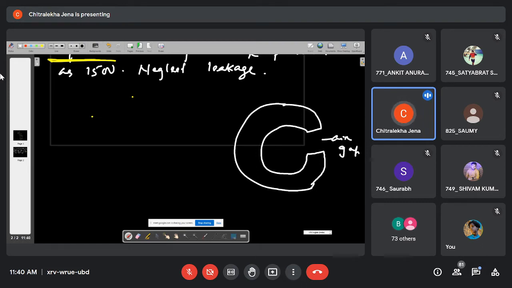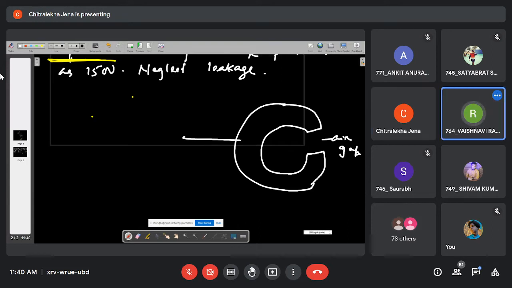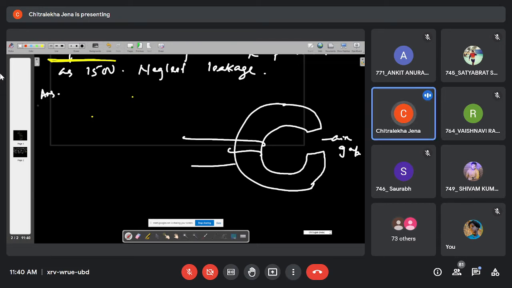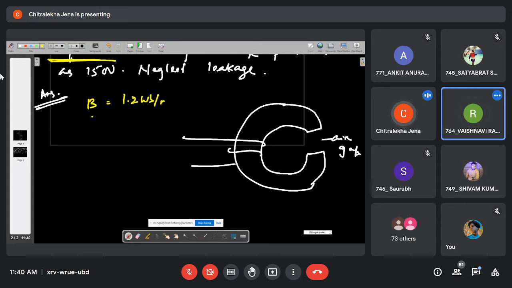What are the values given? Ma'am, B is 1.2 Weber per meter square, flux density 1.2. Yes, see how easily you can solve it. Understand properly first. B is equal to 1.2 Weber per meter square.